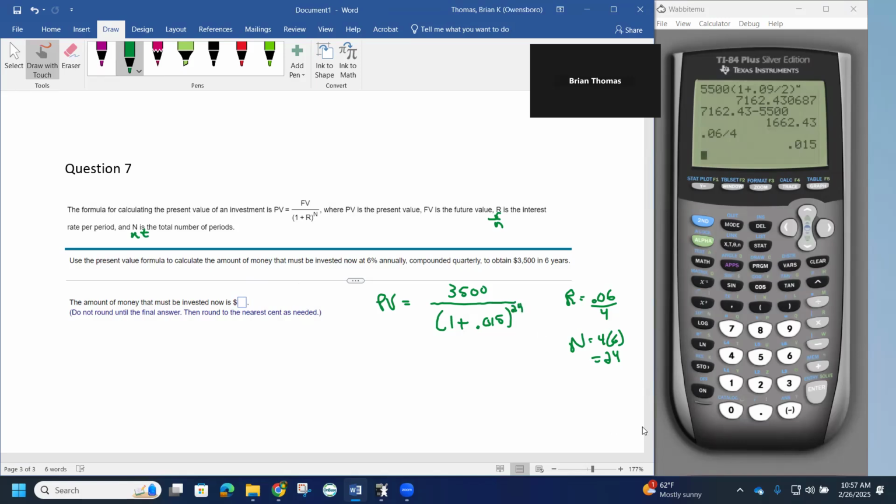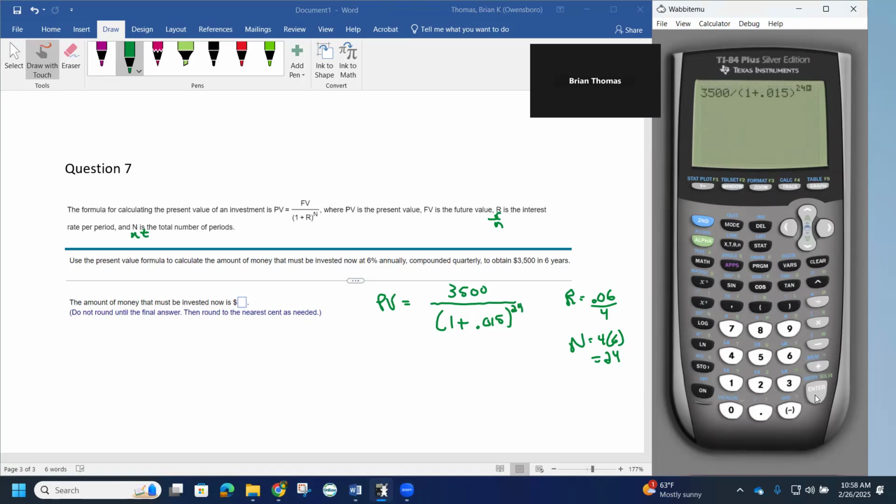So we have 3,500 divided by, in parentheses, 1 plus 0.015. Then if I raise that to the 24th power, that'll tell me what my present value should be.